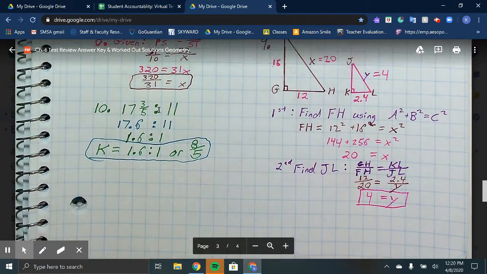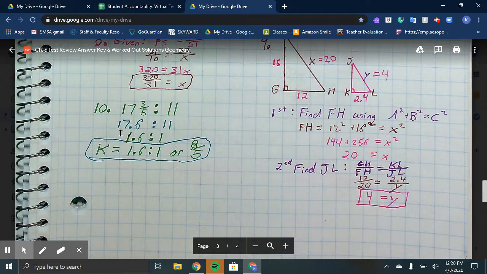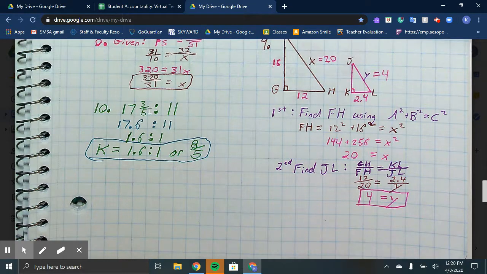All right, number 10. Looking at 10, they want us to find the scale factor of triangle PQR to LMN. So in this case, I have to find corresponding sides. The only corresponding sides are QR and MN. QR being 17.6, or 17 and 3/5, to MN of 11.